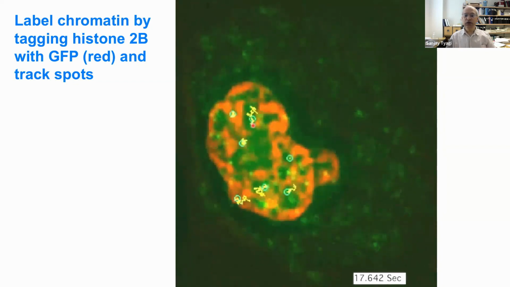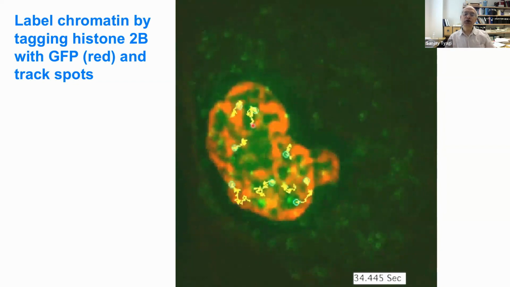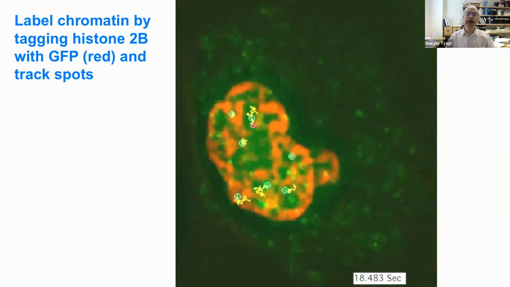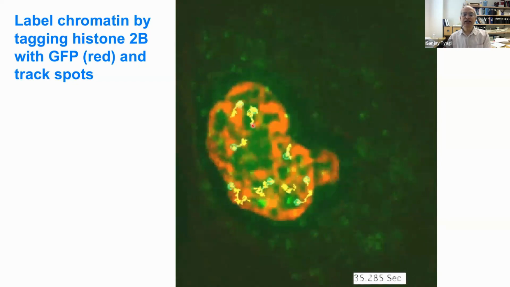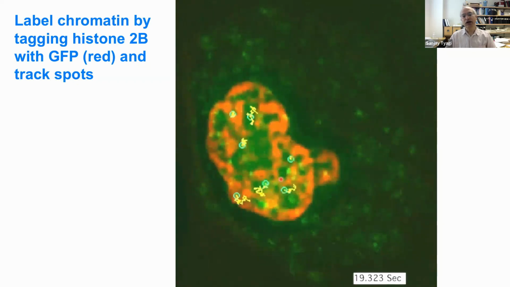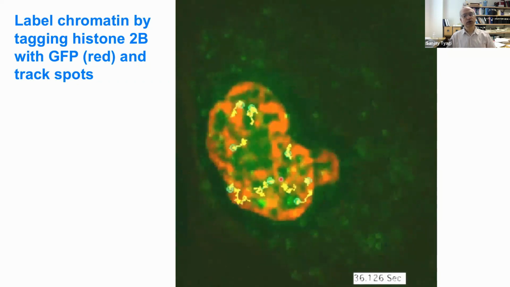And we also expressed histone 2B as a GFP construct. The idea was that we would be able to label high-density chromatin and distinguish it from relatively low-density chromatin. And this map, this orange color, shows expression of histone 2B.